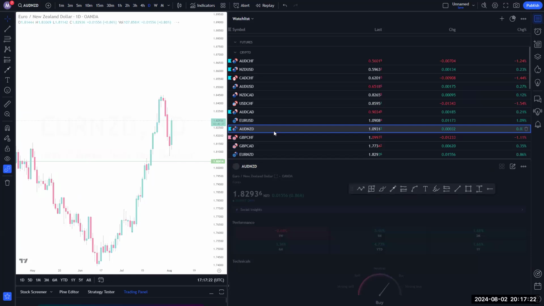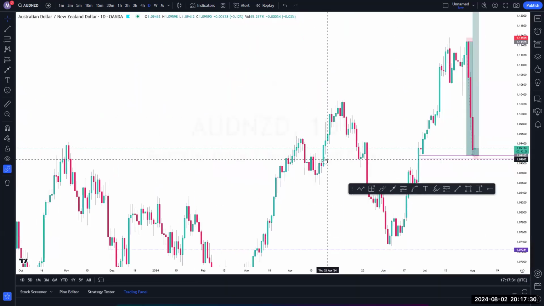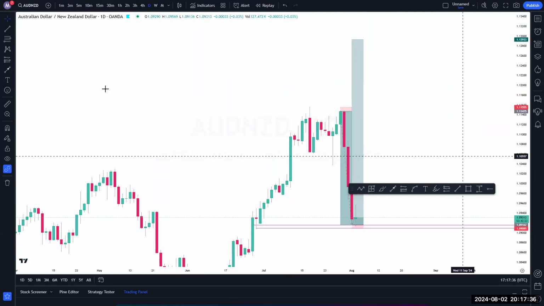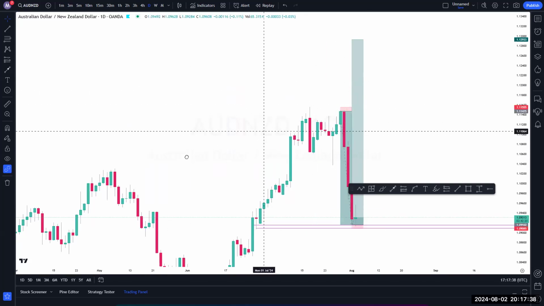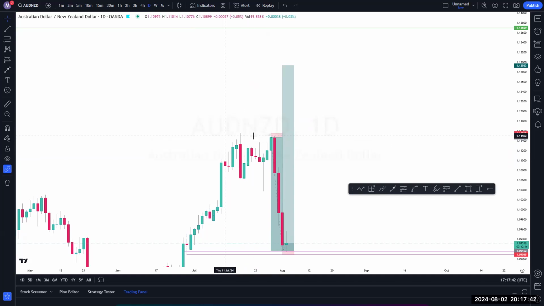Also consider the structure from far away, long time ago. Those are the actual structures that do hold. Now, do you see AUD NZ? AUD NZ didn't have an area of liquidity on a daily other than this type 1 area of liquidity.